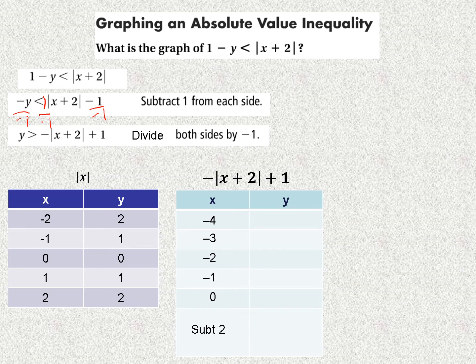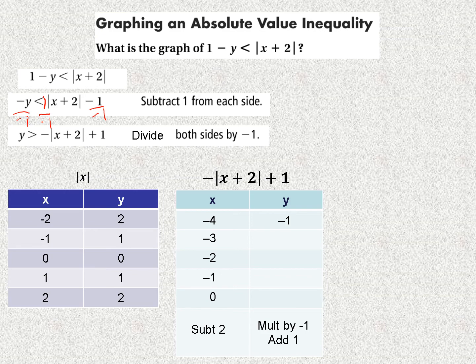Now, anything that's outside the absolute value bars affects the y value. We have a negative a value, so a negative 1, and then we're adding 1. PEMDAS says we have to multiply by the negative 1 and then add 1. So negative 1 times 2 is negative 2, plus 1 is negative 1.